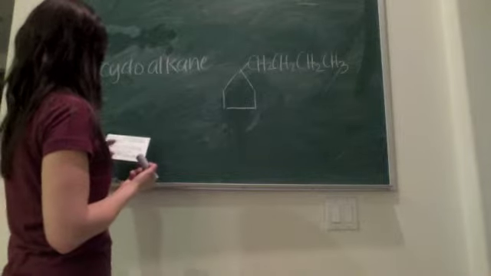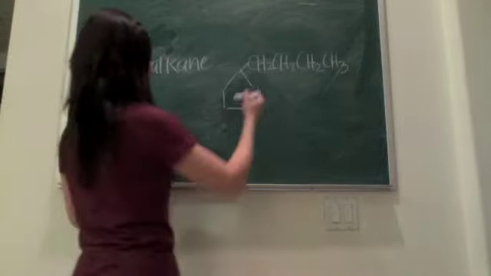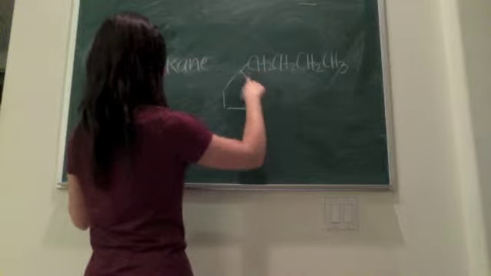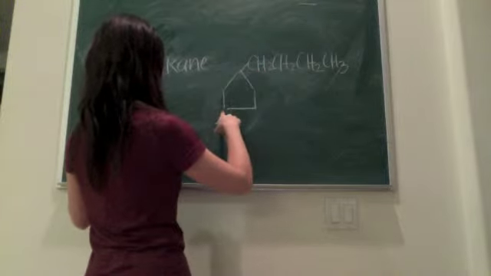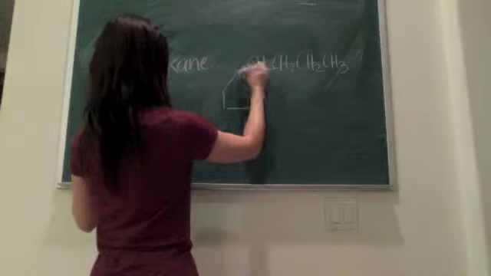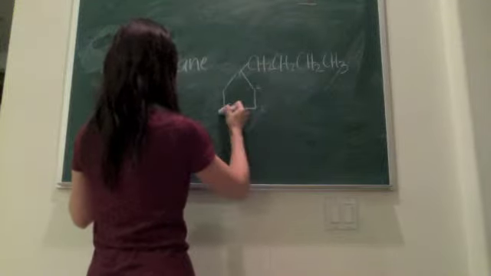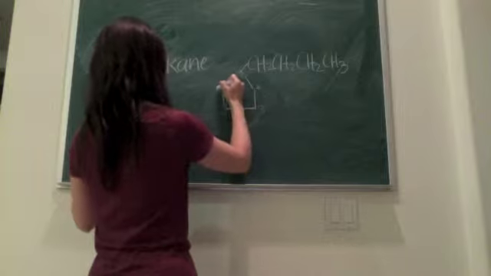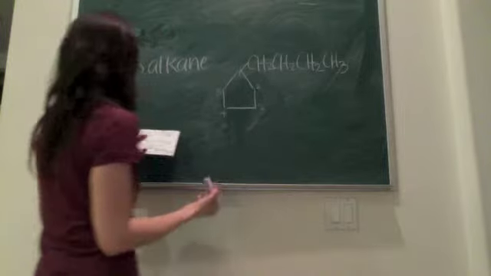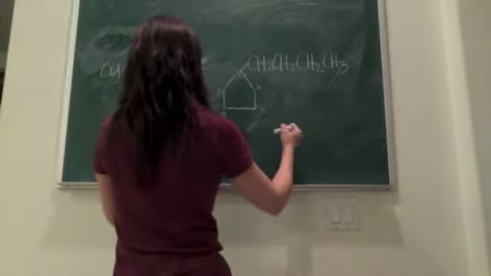Step number 1, name the parent chain. Since this is a cyclo, it is only 5-sided, so it is a pentane. 1, 2, 3, 4, 5. Cyclopentane.